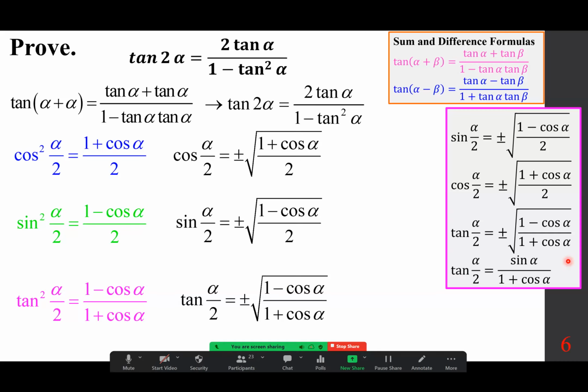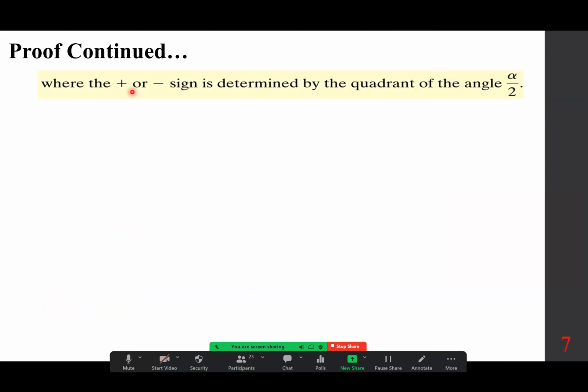And this last one, we're going to elaborate on that in a moment. But again, more importantly, how do you figure out the plus minus? Pay attention to the quadrant. Your plus or minus sign is determined by the quadrant of the angle alpha over 2.